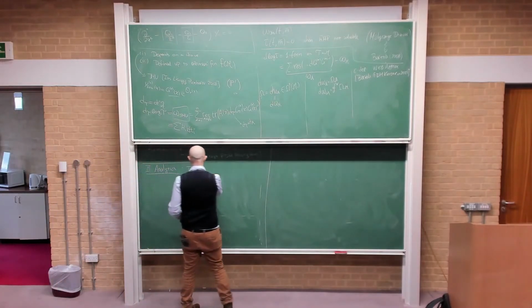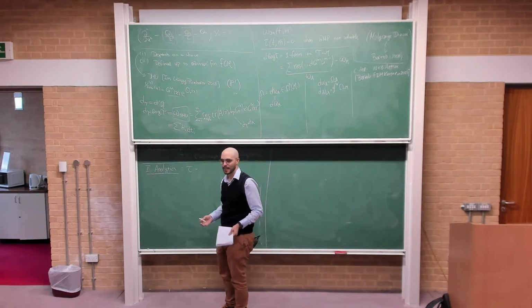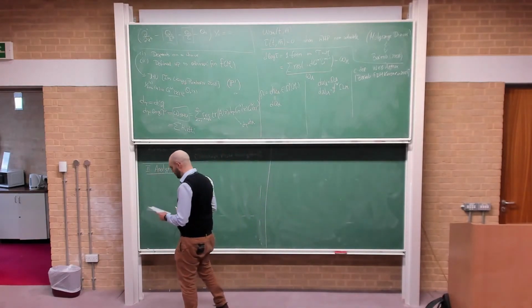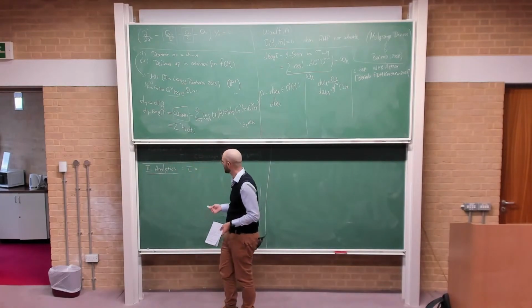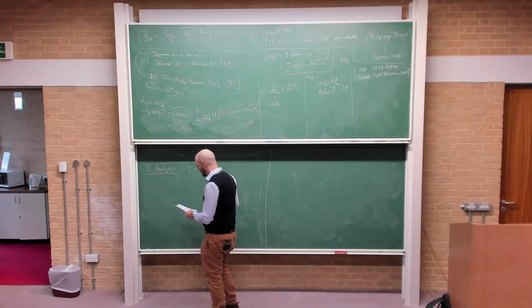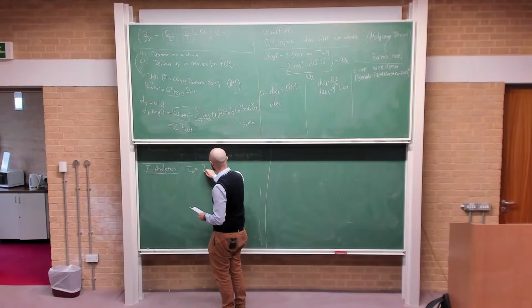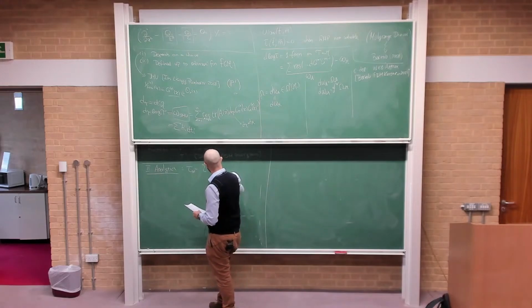So in 2012, there was this paper by Gamayun, Iorgov, and Lisovyy. It was a physics paper in two-dimensional conformal field theory. And they derived this formula for the tau function of Painlevé 6, which is now known as the Kiev formula. And this is telling you that the tau function, you can write it in this form.